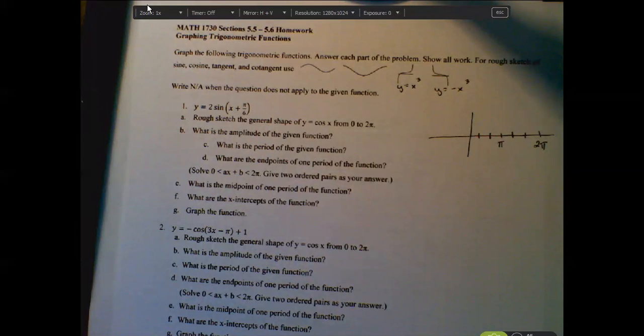Miss Miles, what are we going to go over tomorrow? It says 5.6. Whoa, I looked at that. I thought we had just one day to do 5.6. Hold on. Well, we have 2 days to do 5.5 and 1 day to do 5.6.